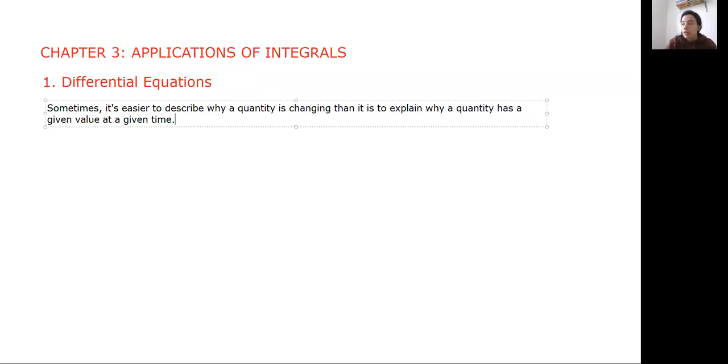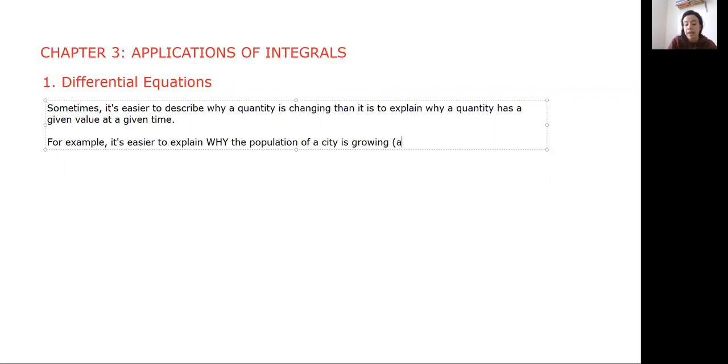If you think about an easy example, for example, the population of a city, it's easier to explain why the population of a city is growing and by how much than it is to explain why the population of a city is this amount at this specific time and why tomorrow it's this amount at that specific time, and so on and so forth, right?